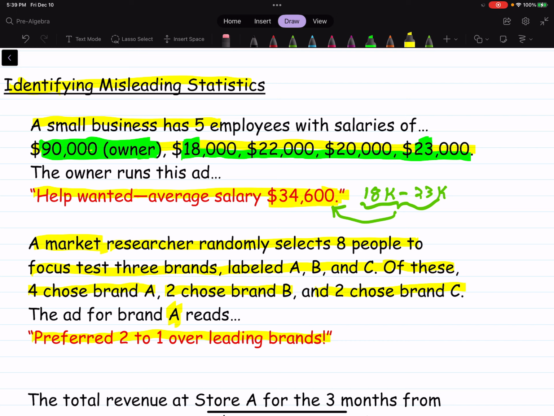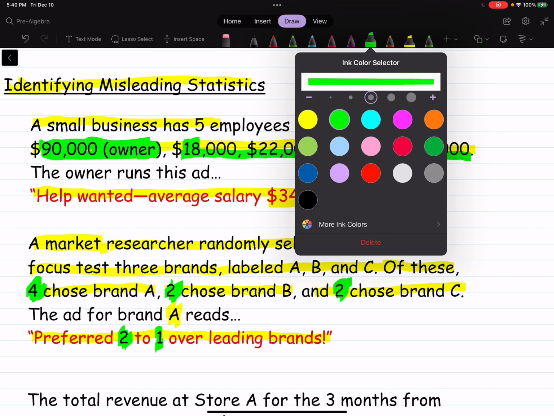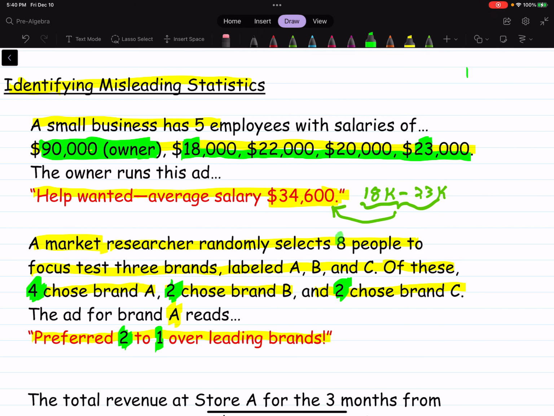How is this misleading? Well, first of all, it's 100% true. Brand A had 4 people choose brand A, and only 2 chose brand B or C. So brand A really is a 2-to-1 favorite over the leading brands. However, if you look at this more closely, you see that they only interviewed 8 people.